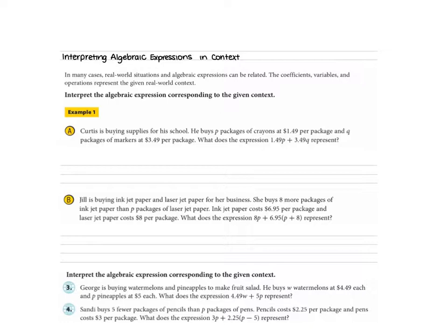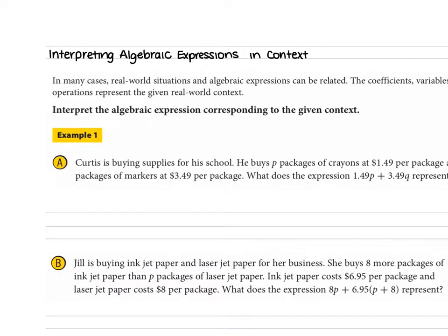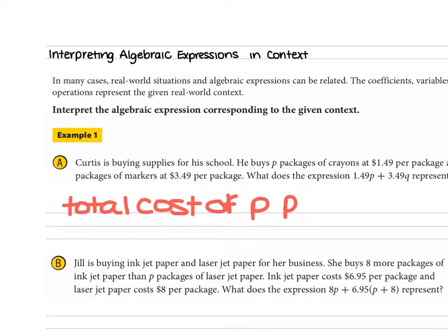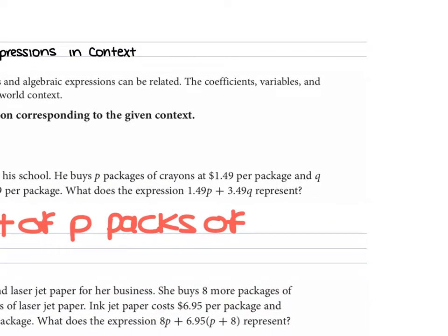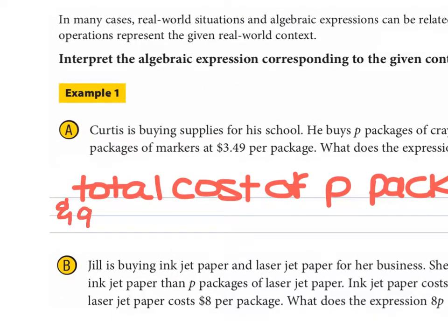Well, the total cost of P packages and Q markers is what that expression represents. So this is the total cost of P packs of crayons and Q packs of markers.